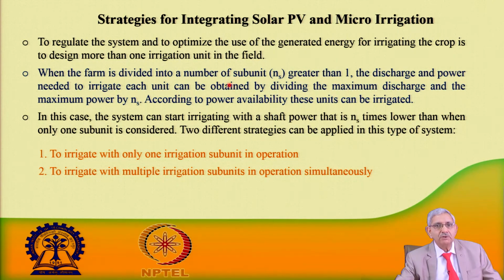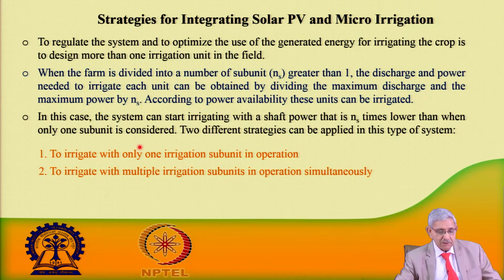So, when the farm is divided into a number of subunits greater than 1, the discharge and power needed to irrigate each unit can be obtained by dividing the maximum discharge and the maximum power by the number of subunits, and according to the power availability, these units can be irrigated.